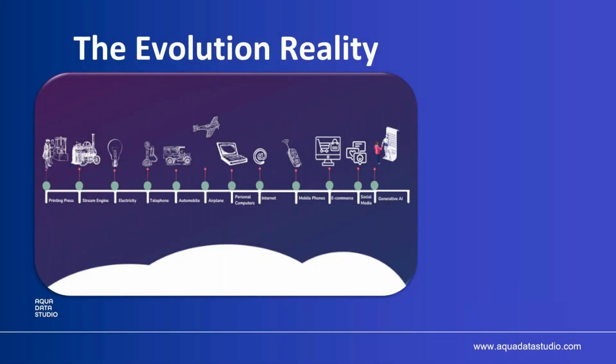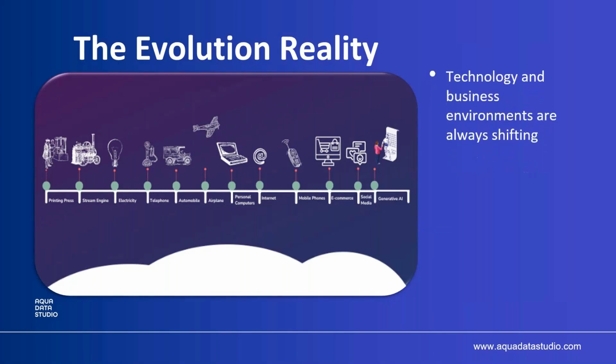So the title of this slide is The Evolution Reality. And it is a reality every one of us lives with. Technology does not sit still. Progress brings new capabilities, but it also makes older tools obsolete. And the interesting part is how uneven this evolution is across an organization.